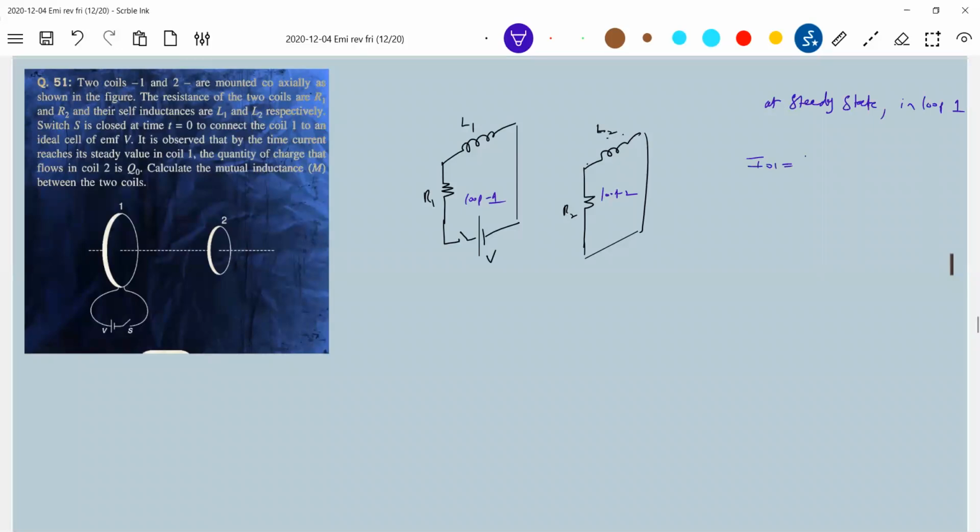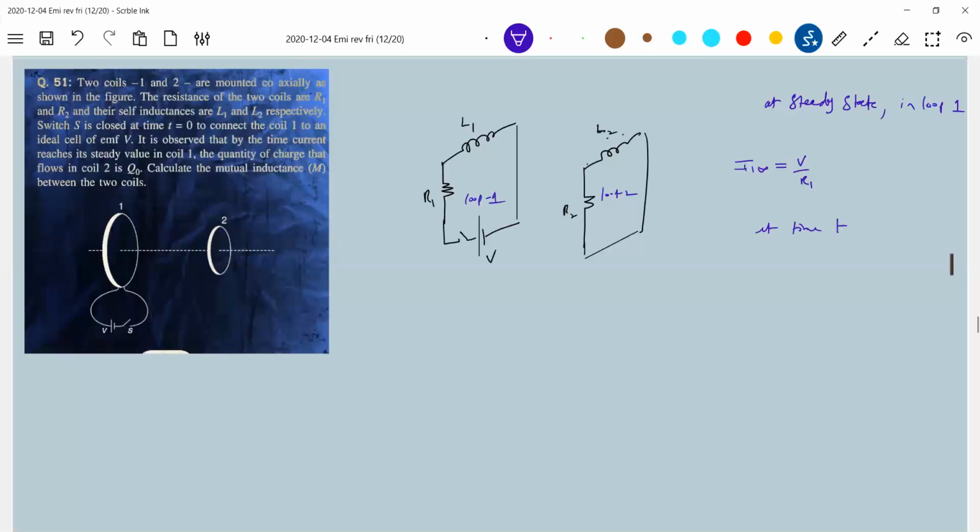Let it be I naught one, I infinity. Let me write the symbol, capital letter, it is enough. V by R1. This is the information we have.